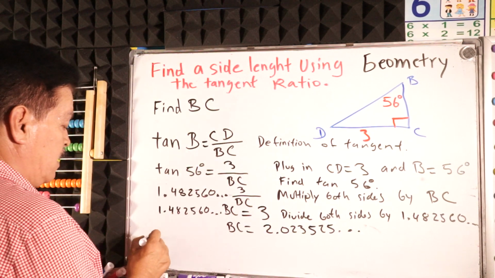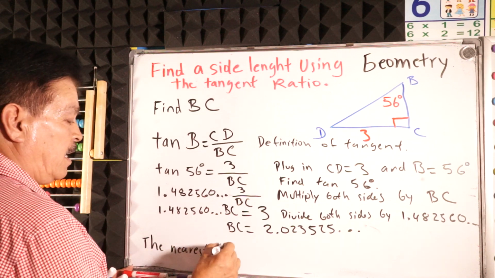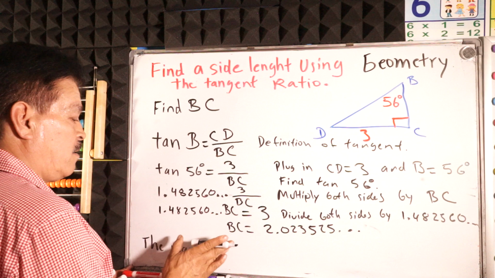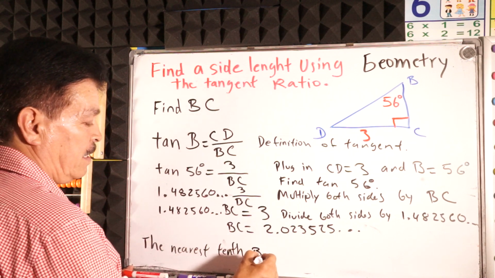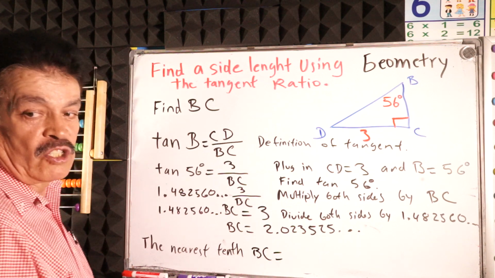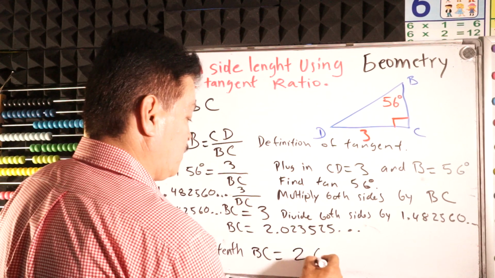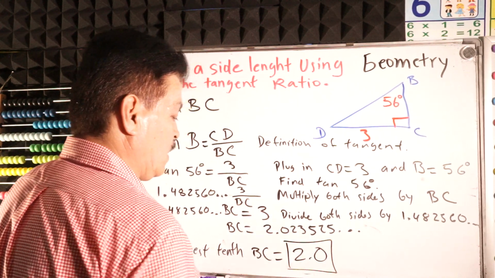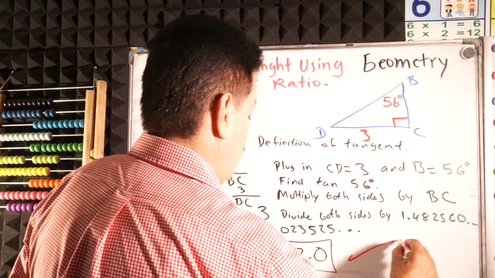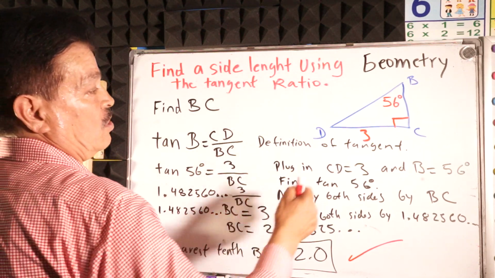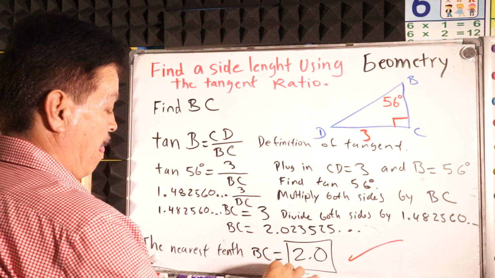So to the nearest tenth, BC is equals 2.0, right? 2.0. This is the nearest one. So this is the solution. So BC is equals 2.0, right?